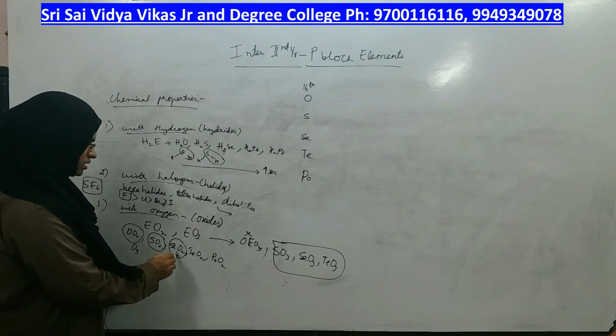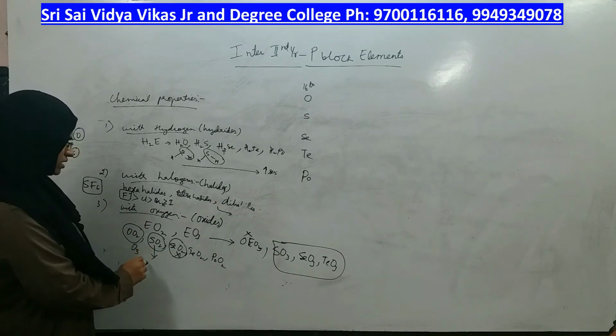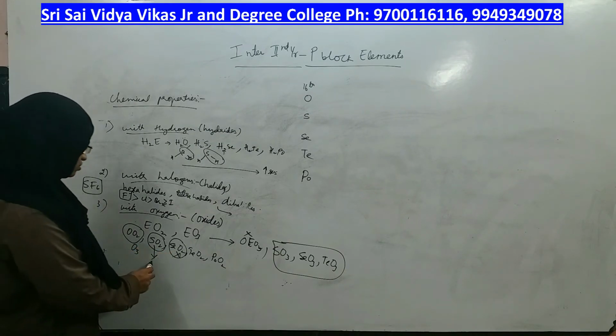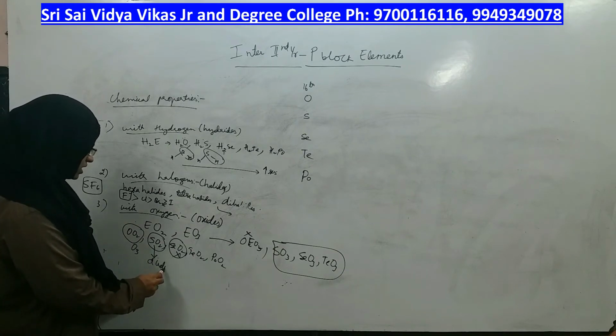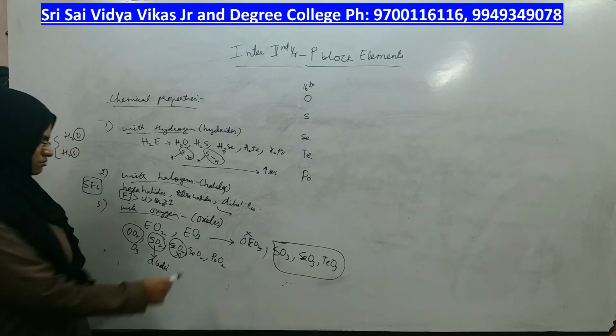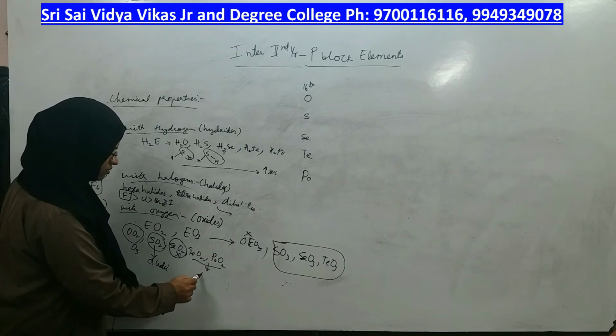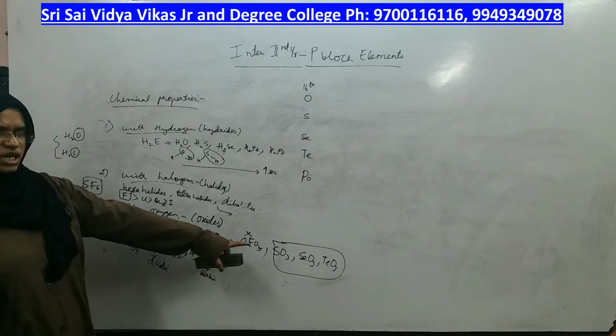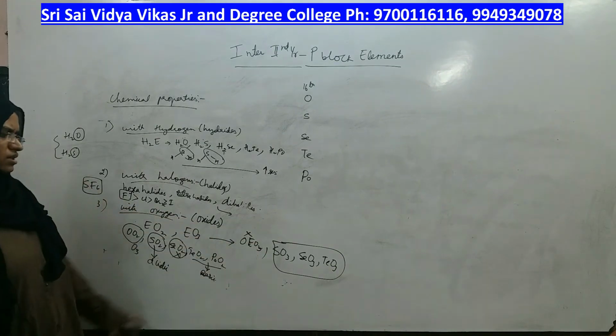Is it a non-metal? No, it's not. This is a non-metal. Non-metal shows acidic type of oxide, whereas metal shows basic type of oxide. This rule you have to follow. These are others. All of them are trioxide.